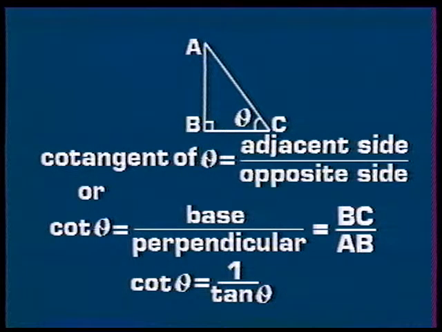Again we find that this ratio is the reciprocal of the ratio of tan theta, which was the ratio of the side opposite to the angle theta to that of the adjacent side, and therefore, cot theta is written as 1 upon tan theta. Out of these 6 ratios, if any one of the ratios is given, we can find out the other 5 ratios. Let us see how.